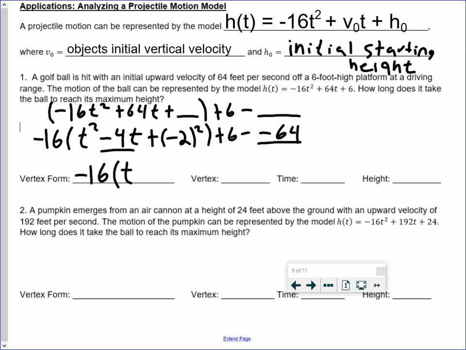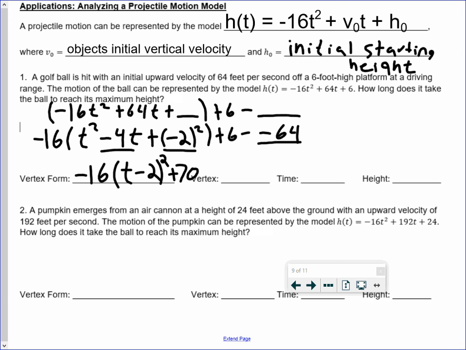It's going to be plus our b divided by 2. Our b is negative 4, so it's negative 2. Or in other words, it's this number over here that we have before we squared. So it's t minus 2, all of that squared. And then we have plus 6 minus 64, which is 6 minus negative 64, which is the same thing as saying 6 plus positive 64, or just 70.